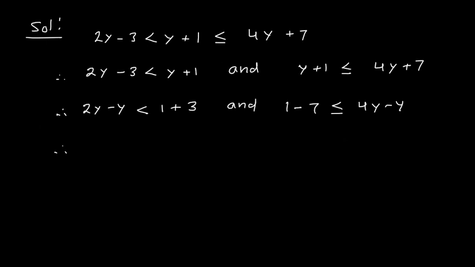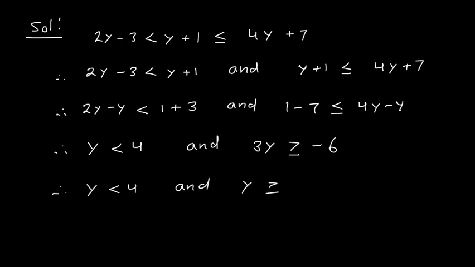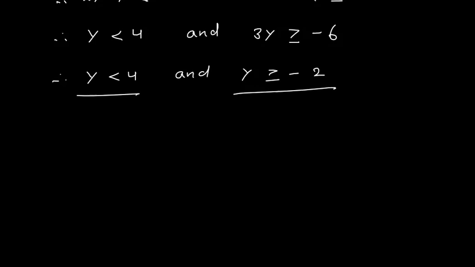So therefore I will say that y is less than 4, and 4y minus y is 3y is greater than or equal to minus 6. So therefore y is less than 4, and we have y is greater than or equal to minus 2. So we have y greater than or equal to minus 2 and less than 4.